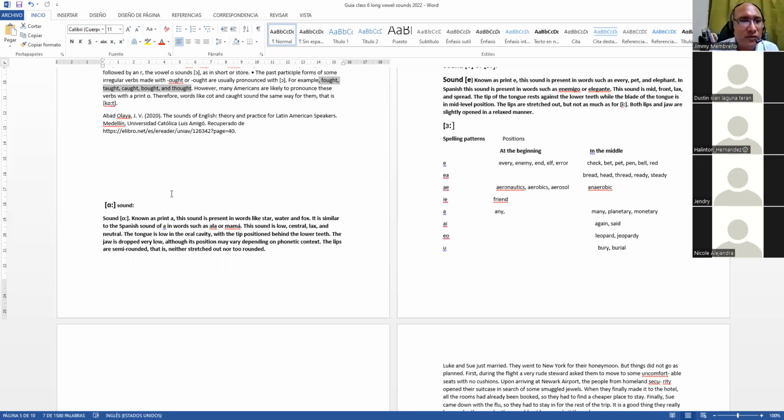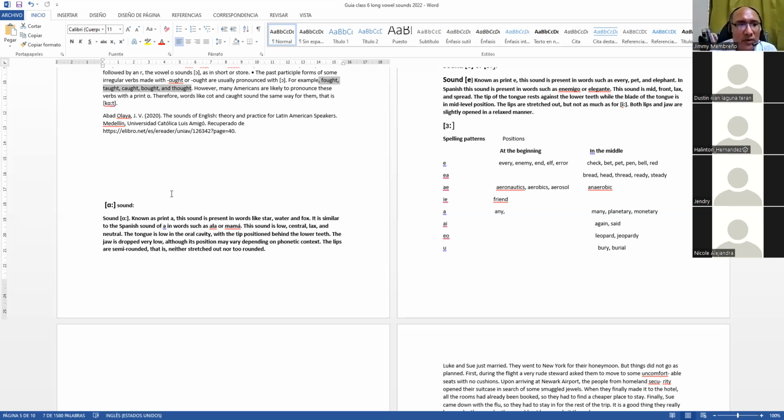It is similar to the Spanish sound of A in words such as ala or mama. It's low, central, lax, and neutral. The tongue is low in the oral cavity with the tip positioned behind the lower teeth. The jaw is dropped very low, although its position might vary depending on phonetic context.